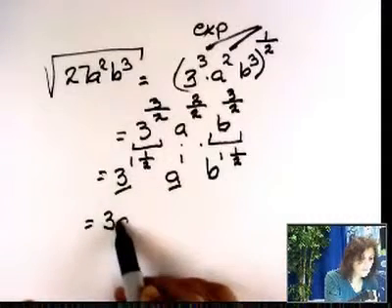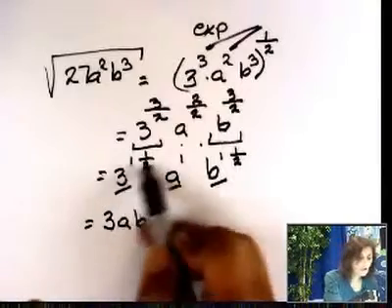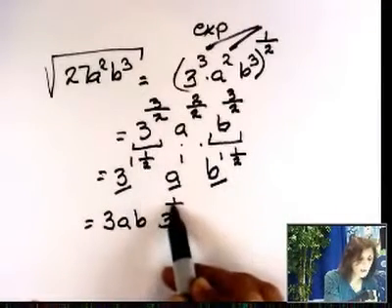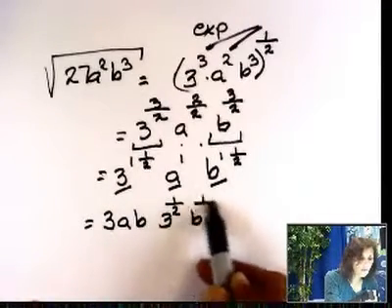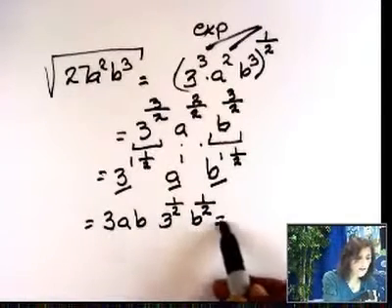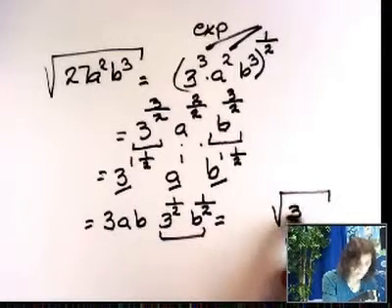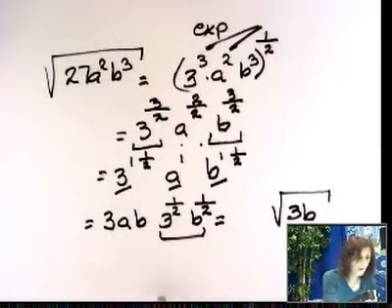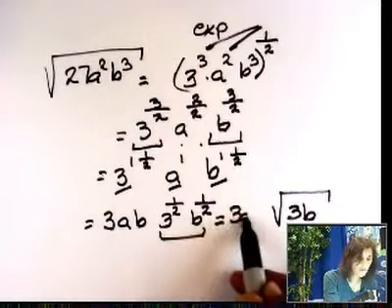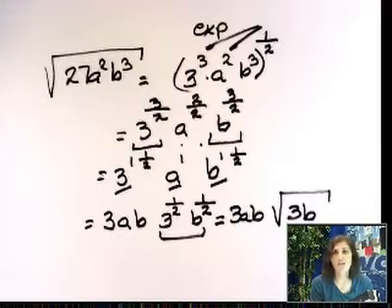A to the 1, which is A. B to the 1, which is B. But then I also have those 3 to the 1/2 and B to the 1/2. Oh, guess what? I have that, and I know that since the indices are the same, I can put them under one radical like that. Okay, and what do I have in front of it? Guess what? I got the same answer. I just did it a little differently.